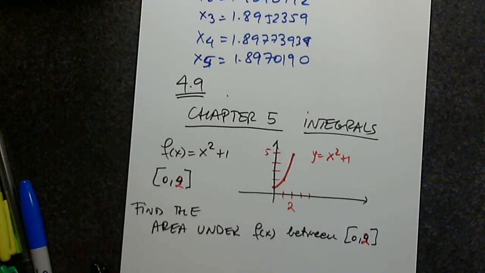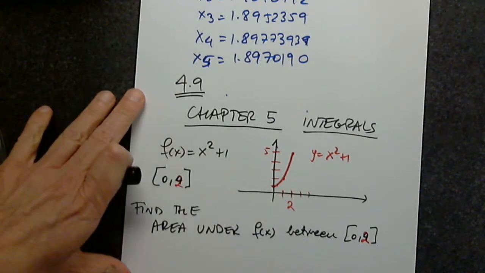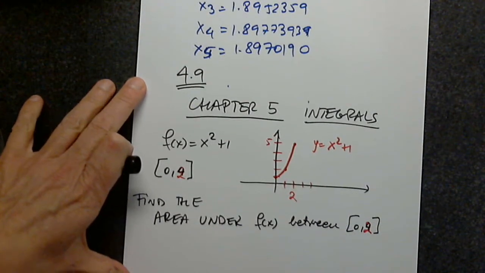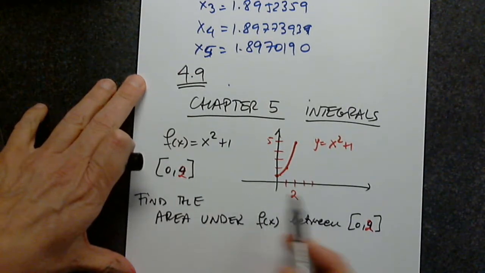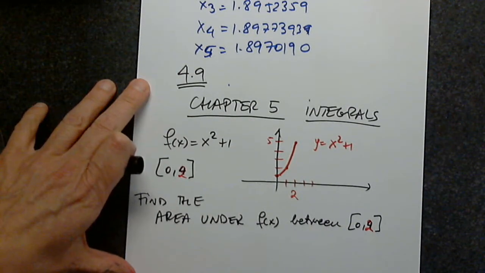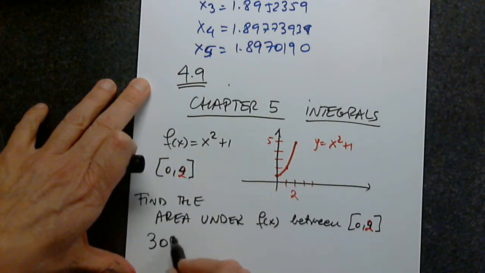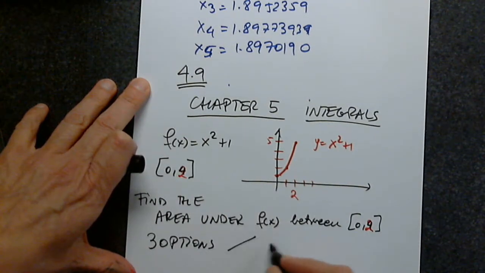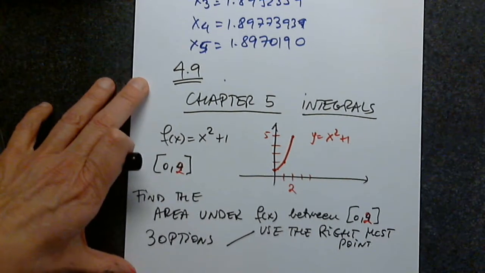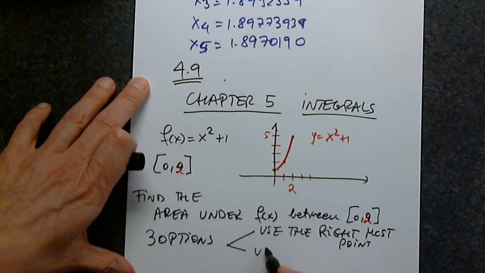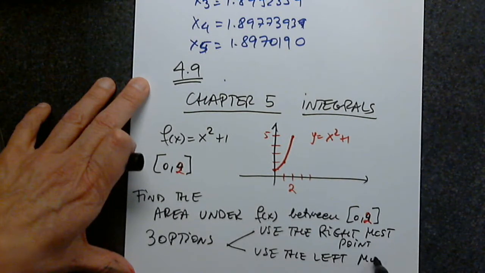Now, we would like to approximate this area because we can't determine it algebraically exactly, right? So how do I want to approximate? There are 3 options for now. Use the rightmost point. I'll explain what that means. The second option is use the leftmost point.